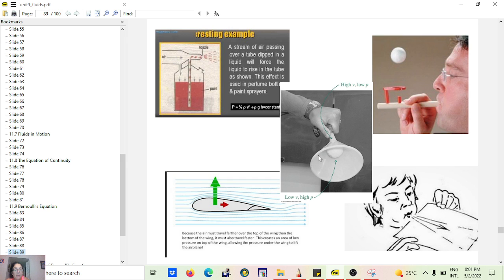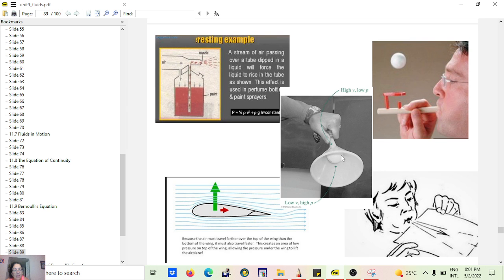Here it's a fun experiment to do. You have air blowing here, and you have a ping pong ball. So the air will flow in this direction and that direction. So you're going to have very low pressure here, low pressure here. So the ping pong ball is not going to fall, even though you flip it vertically, because you have high pressure here, high pressure there.